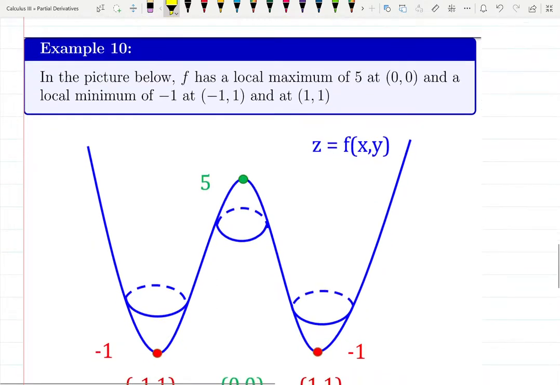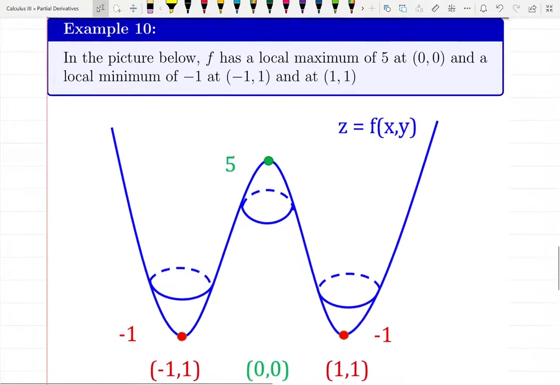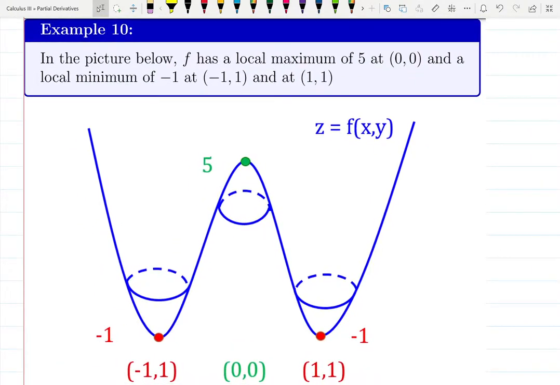Here it is. Write down the graph. The graph, as you can see, f has a local maximum at 5. 5 here has coordinates (0, 0). That's a local maximum. Remember what local maximum means? Local maximum means relative maximum. So it's not the biggest hill, but locally it is a hill relative to the neighborhood.